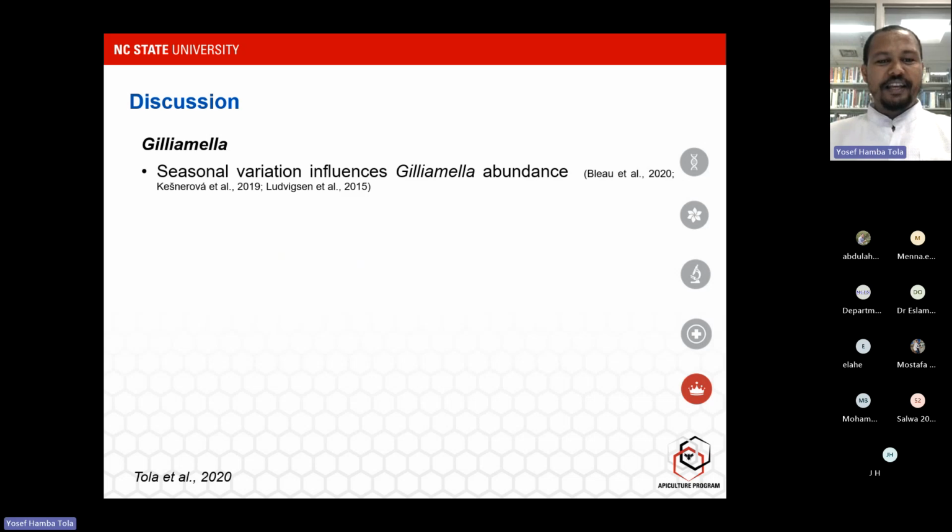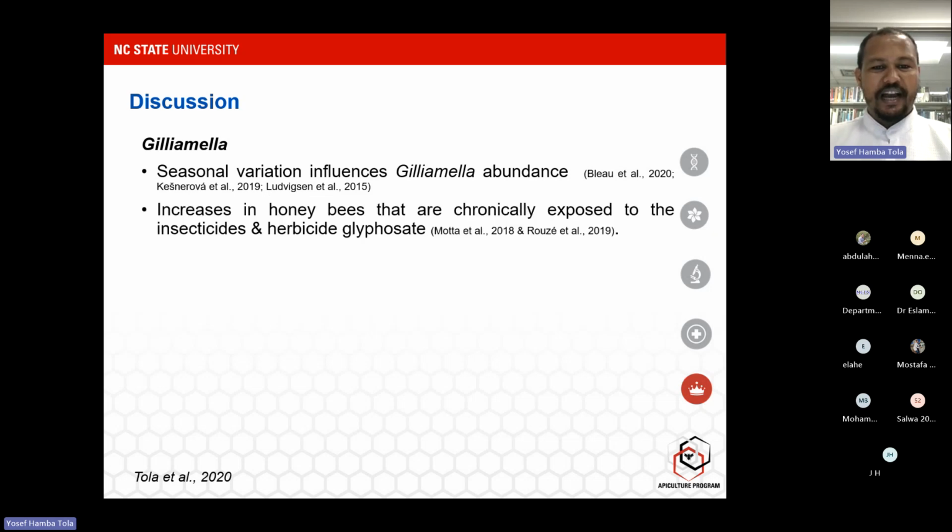There are different reports on Gilliamella and also on other microbes. The abundance of Gilliamella, as previous reports mentioned, can be influenced by seasonal variation. In addition, Gilliamella can be increased in honeybees that are chronically exposed to different insecticides and the herbicide glyphosate, according to a few reports we have seen.